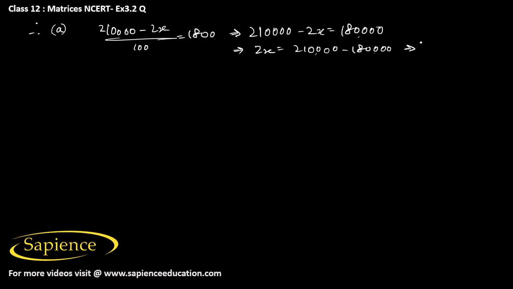So therefore this 2x will be equal to 30,000. So x will be equal to 15,000.